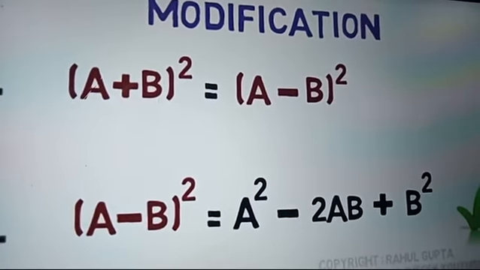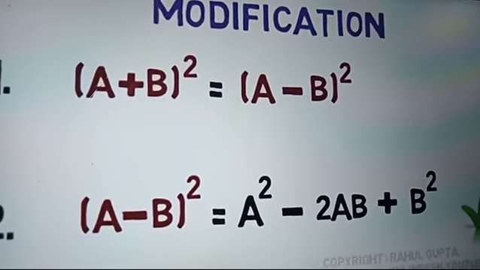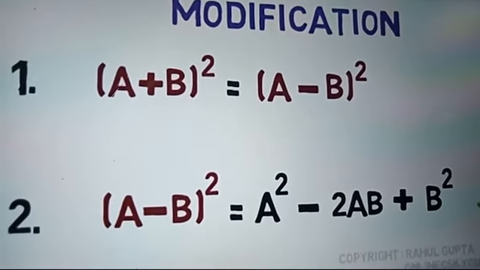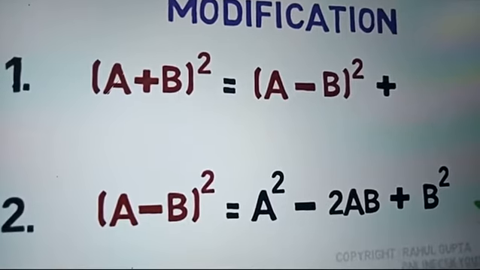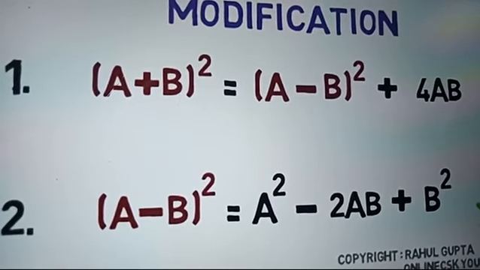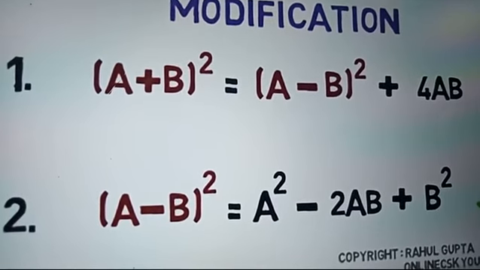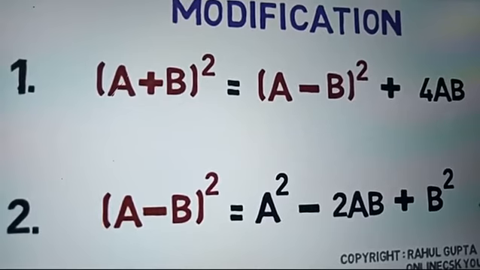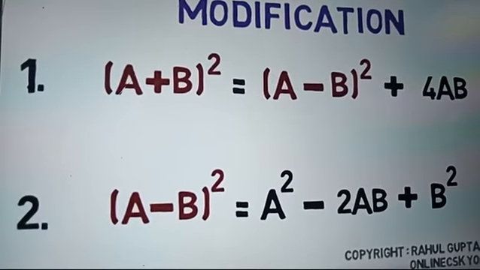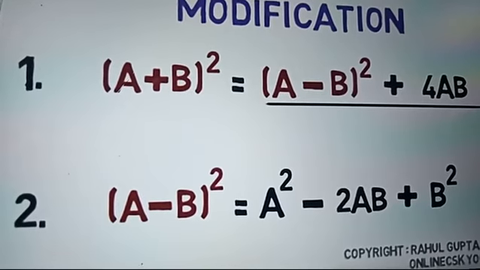The second part, (a − b)², means a² − 2ab + b². So if I simply add 4ab to the right hand side, this expression would be exactly equal to the left hand side, right? So now I can write (a − b)² + 4ab.